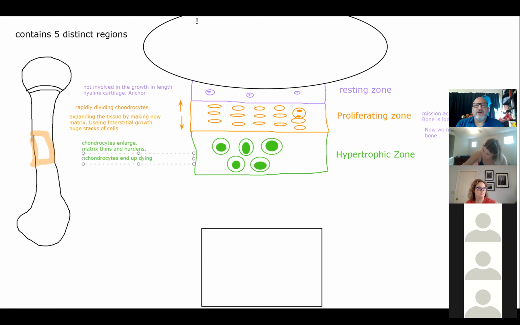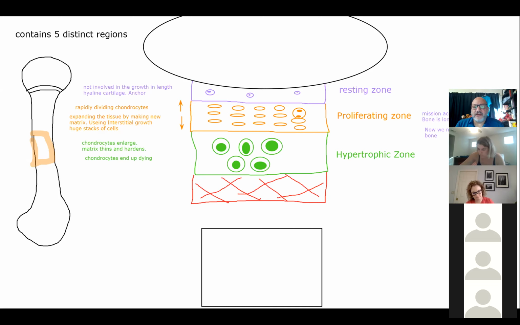When they die, what they leave behind is just basically a calcified matrix known as the calcification zone.